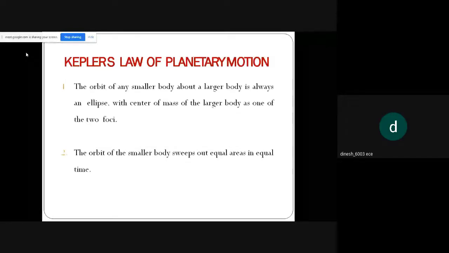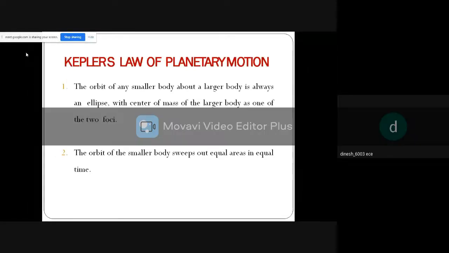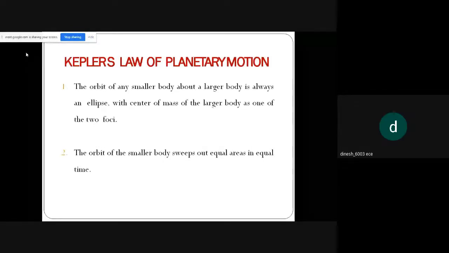Kepler's law of planetary motion is given in three different laws. One is Kepler's first law, Kepler's second law, and Kepler's third law. So this I had given you in terms of points.